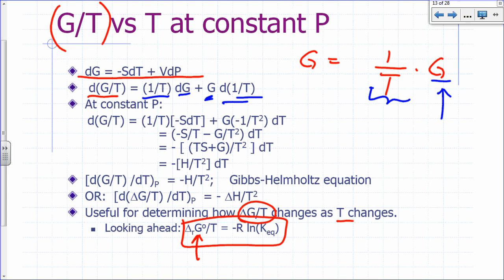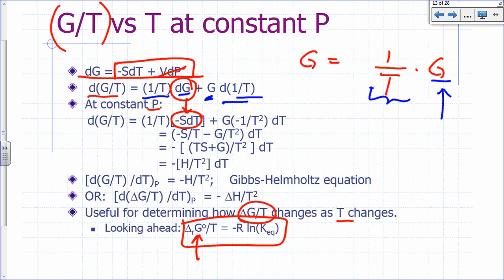So, what do we know about dG? It's equal to negative S dT plus V dP. So I substitute negative S dT for dG. Where did the V dP go? At constant pressure, what happens to dP?